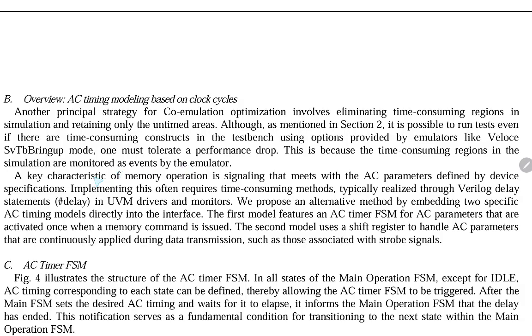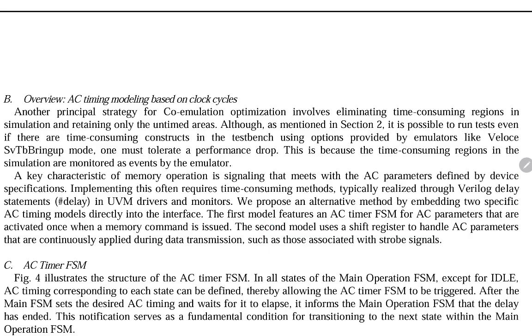A key characteristic of the memory operation is signaling to meet the AC parameters defined by the device specifications. Implementing this often requires a time-consuming method, typically realized through the Veloce delay statement, a sharp delay, in a UVM driver's monitors. We propose an alternative method by embedding two specification AC timing models directly into the interface.